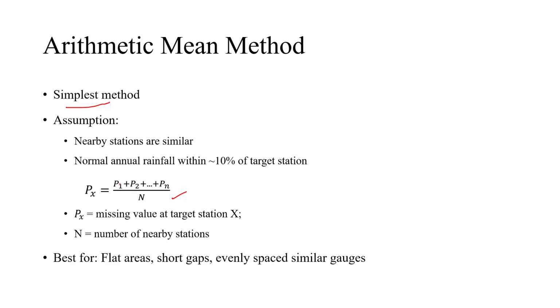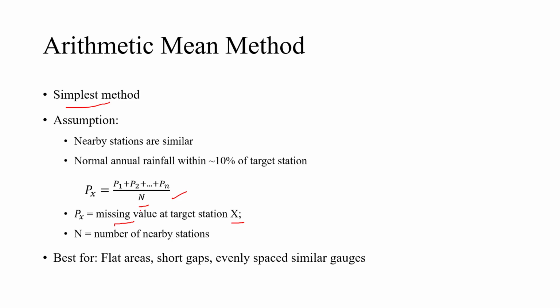It's a simple mean formula. Here Px is the missing value where we need to find the rain gauge data at target station X, and n is the number of nearby stations.